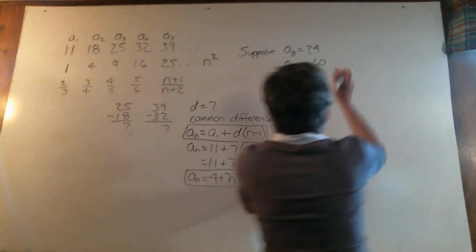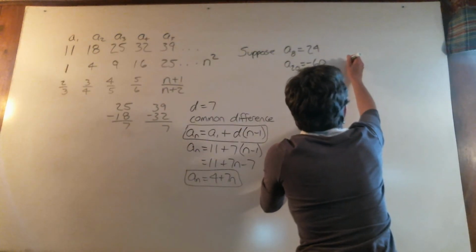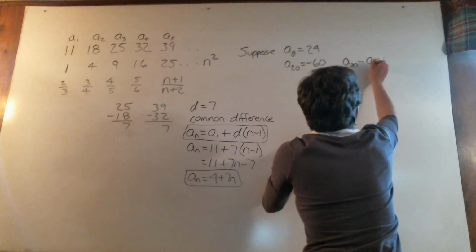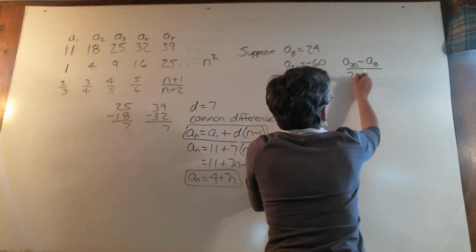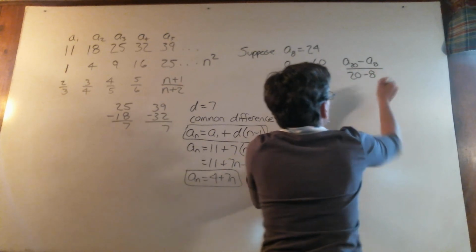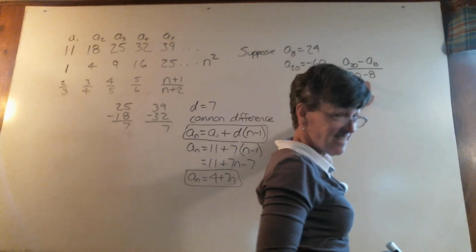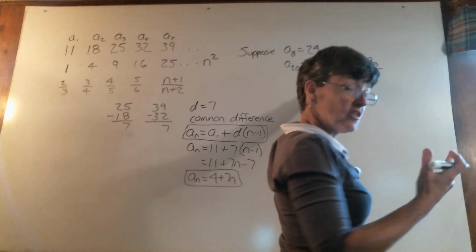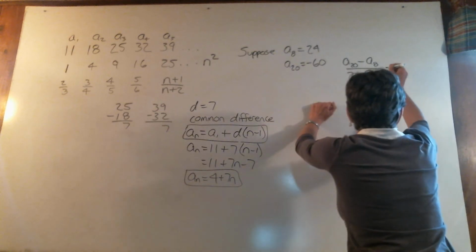So here I have my 20th term and my 8th term, and if I divide that by 20 minus 8, that tells me how many D's I have between the 8th term and the 20th term. And so this is going to help me know what D actually is.